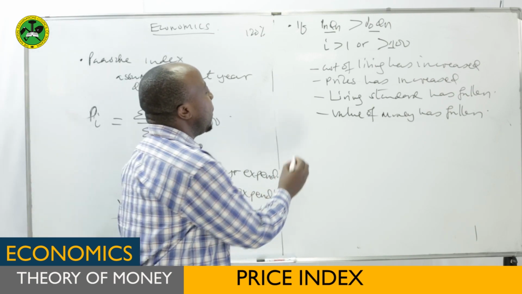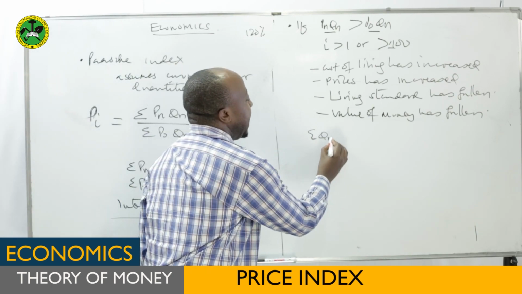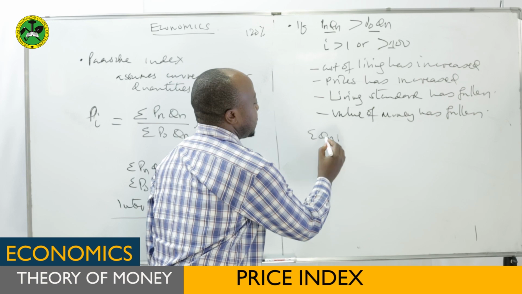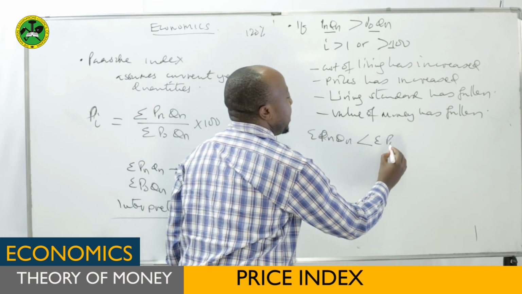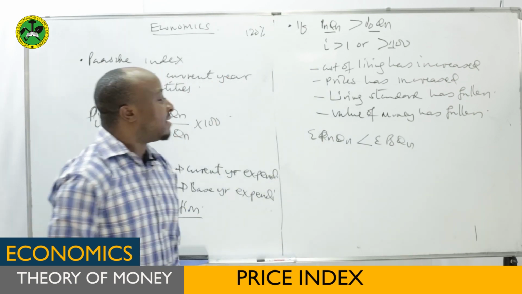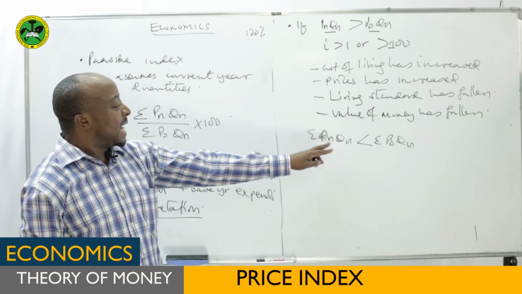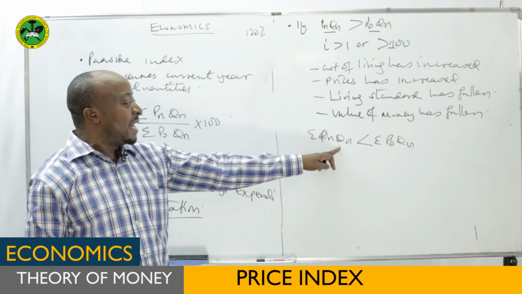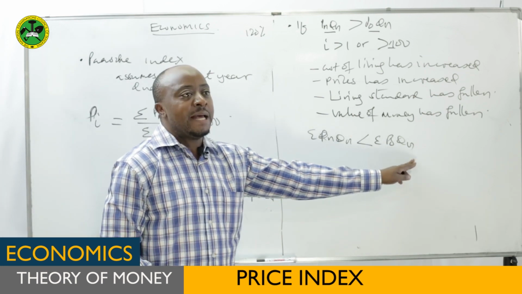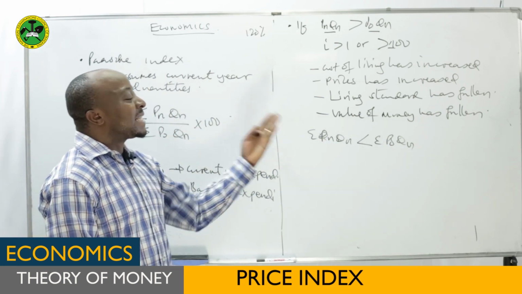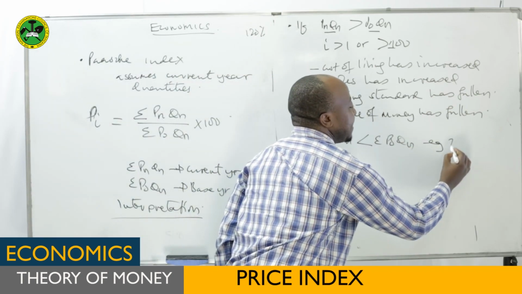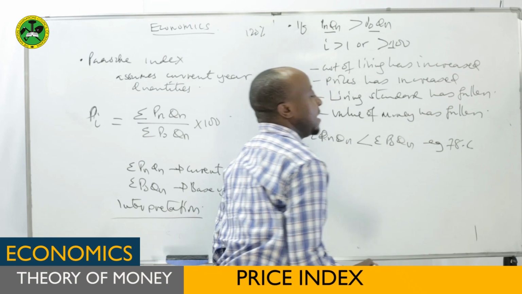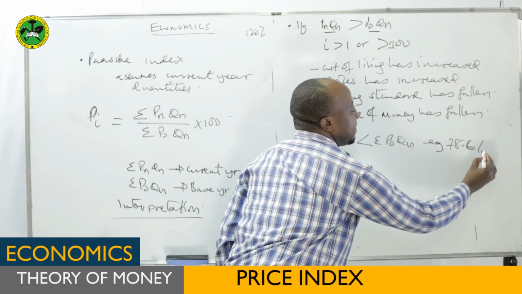But the vice versa may come when summation of PN QN is less than summation of PO QN. Likewise, it means the expenditure in the current year is less than expenditure in the base year. It means now the answer is less than 100. For example, maybe we get 78.6%.